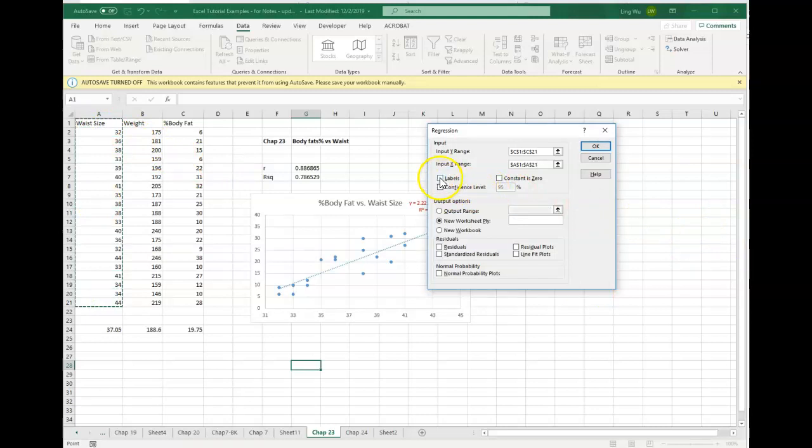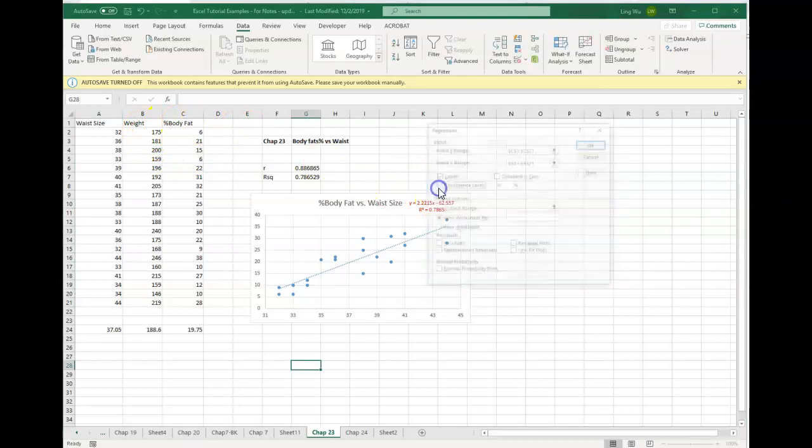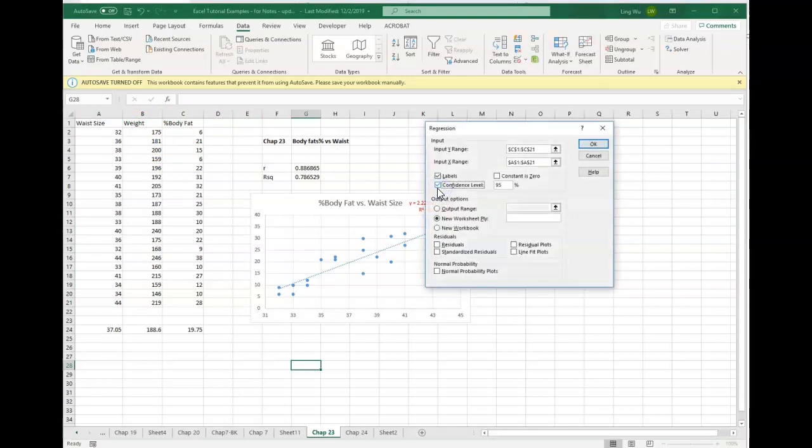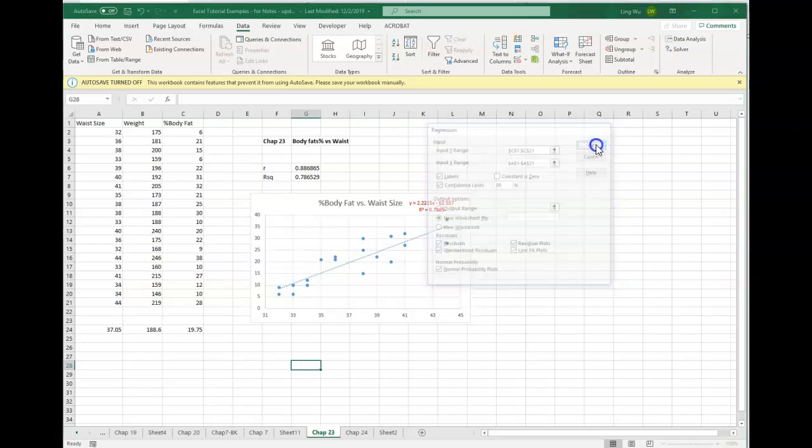So click labels because our first row is the label, and the confidence level is 95%. And also we want to use a new worksheet to give us the output, and then for the residuals options we select all 4 options for the residual analysis, and then there is normal probability plots. We can click this one, just take a look at this one.